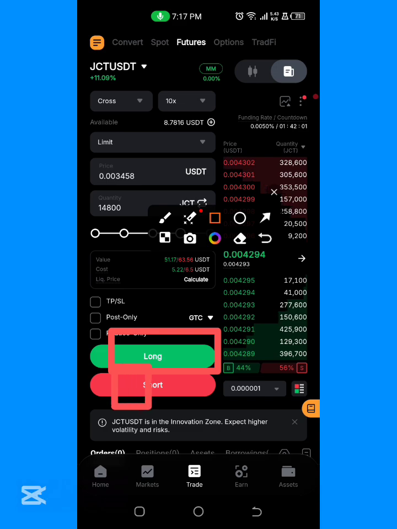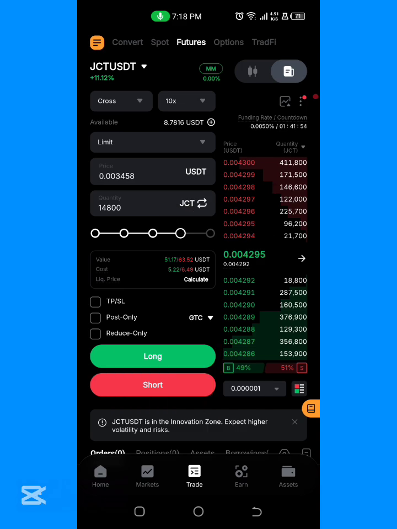The second one is short, which on another platform you may see as sell. They still mean the same thing. Long means you predict the price of the token to go up, and short or sell means you predict the price of a token to come down. Anytime you place a trade, either long or short, buy or sell, and your prediction is correct, you make money.